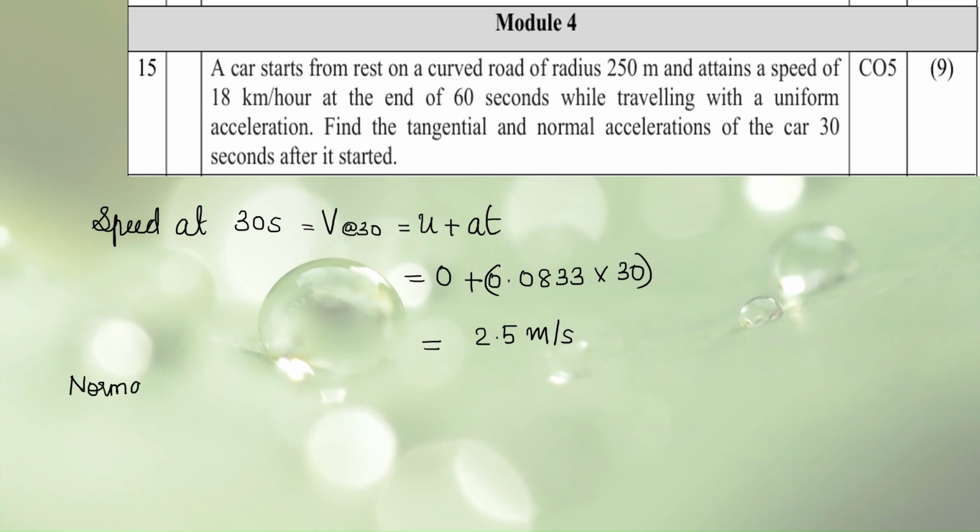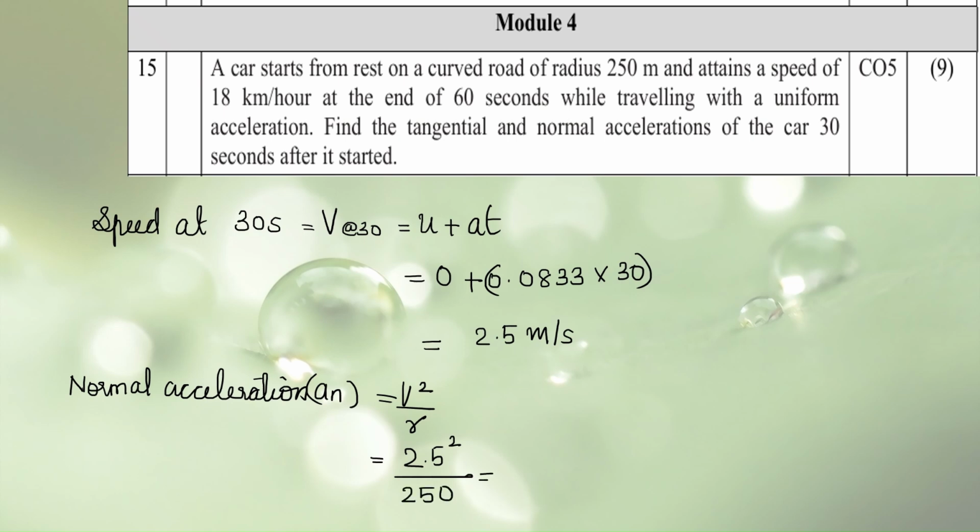We need to find out the normal acceleration. What is the value of normal acceleration? an is equal to v square divided by r. We need the normal acceleration of the car 30 seconds after it started. So after 30 seconds, the normal acceleration will be 2.5 the whole square divided by r, that is 250.